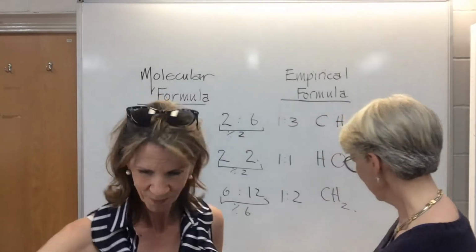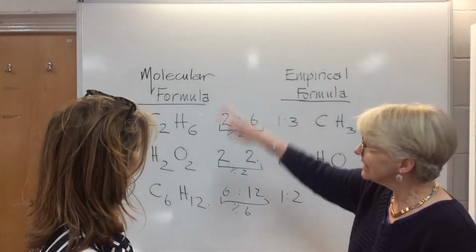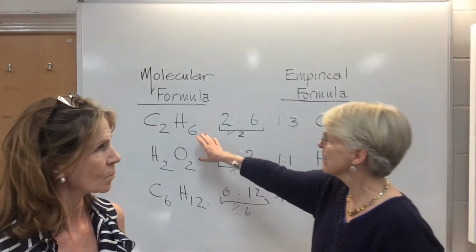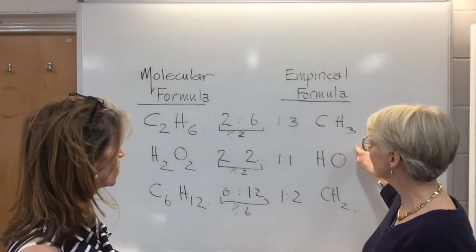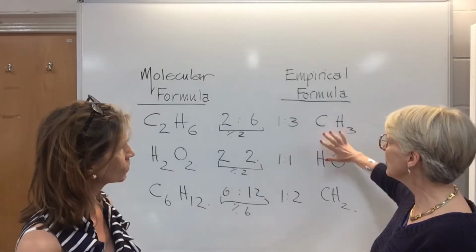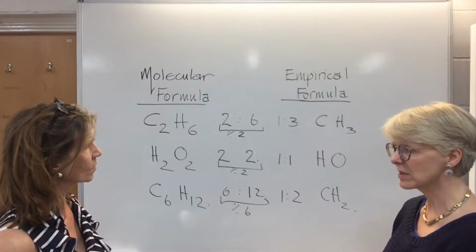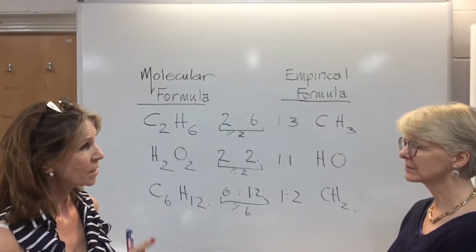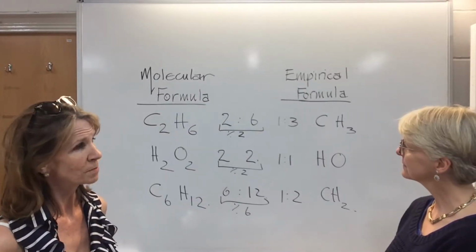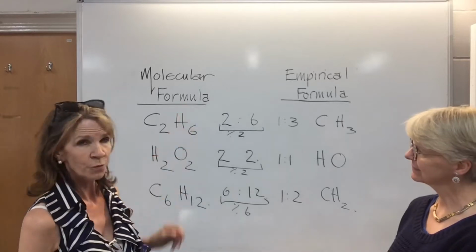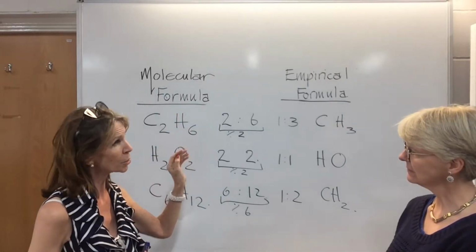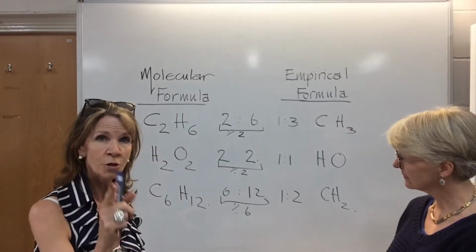Let's hope so. Now, in this example, Miss McLaren, we went from the molecular formula to the empirical formula. But what if we were given the empirical formula and we had to work out the molecular formula? That's a very important question, because the molecular formula is a whole number multiple of your empirical formula.